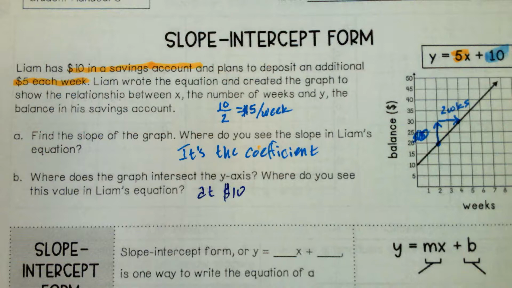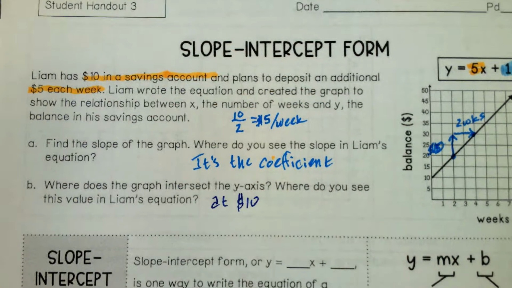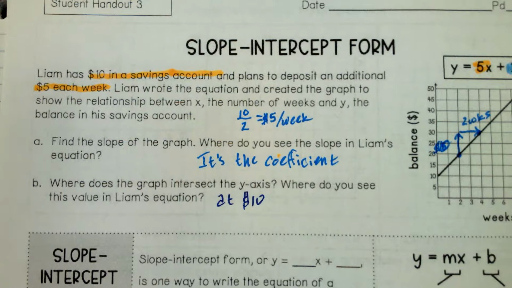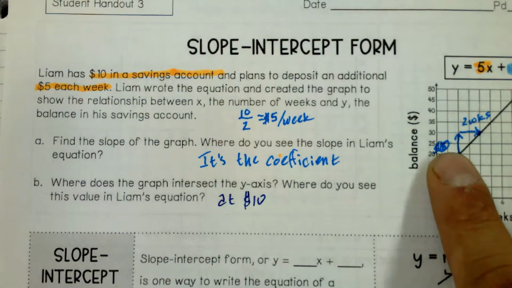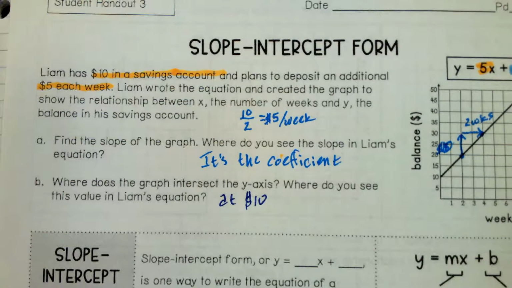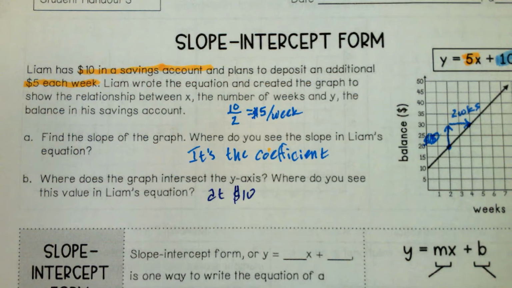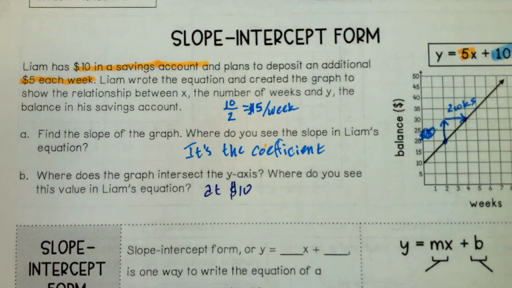So it's basically our rate. How about the $10? Where do we see that in our original equation? Yeah, that's what he started with. His savings account started with $10 and then it grows by $5 each week. So that was enough information to write the equation, and it's also going to be enough information to graph.